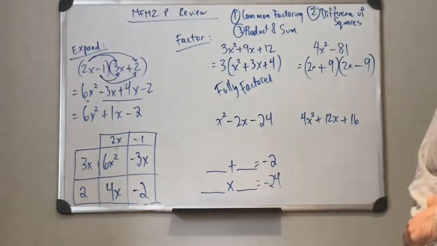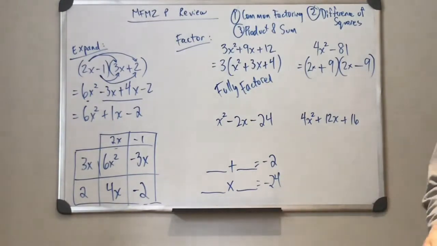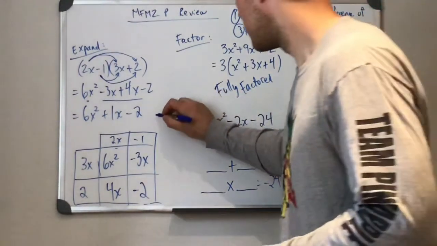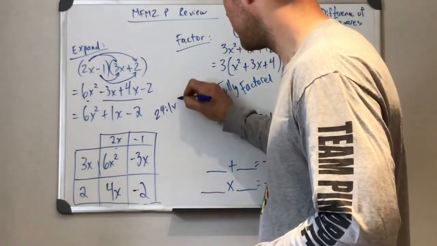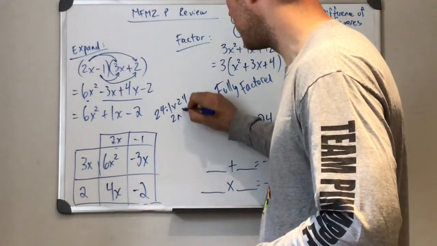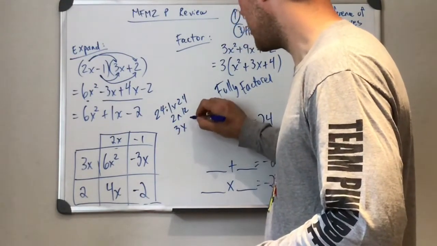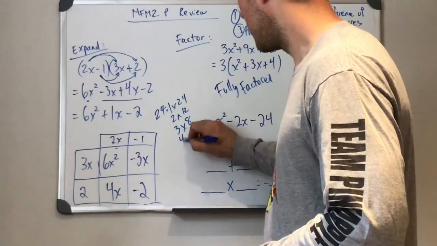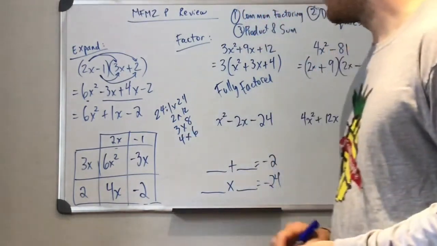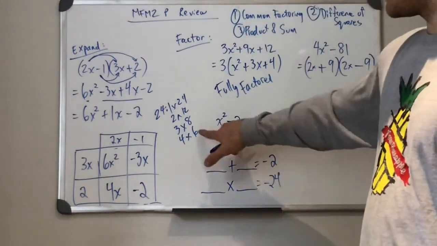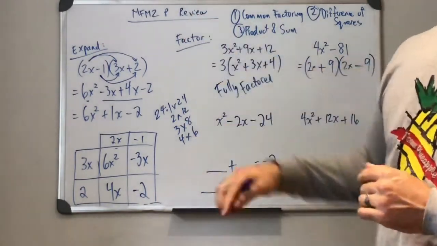Start off with the multiplication portion. For 24, you can have 1 times 24. You can have 2 times 12. You can have 3 times 8. You can have 4 times 6. 5 doesn't work. Oh, 6 is here. This is our whole set.